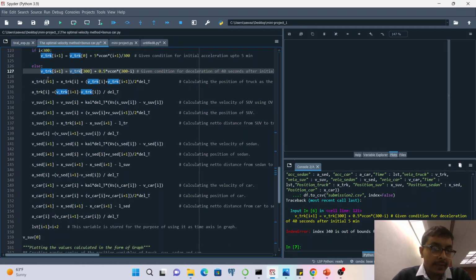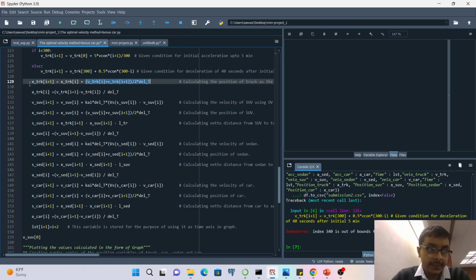After that we have x underscore trk, that is the position of the truck. For the position of the truck we use the previous position plus velocity multiplied by time, which gives the distance traveled within that time, let's say the distance traveled between t equals 0 and t equals 1.